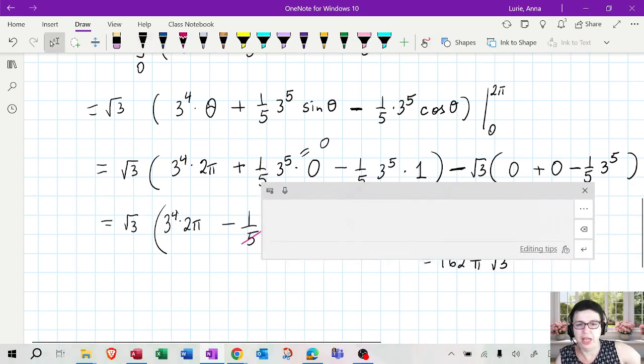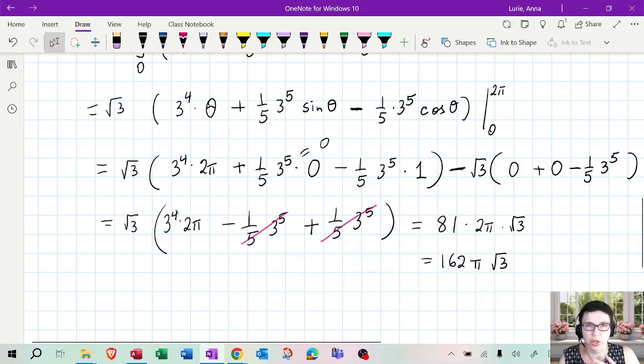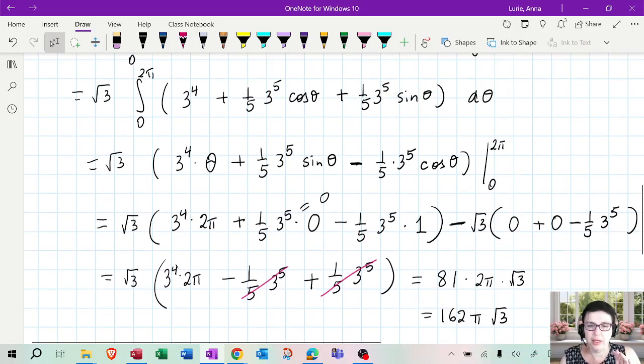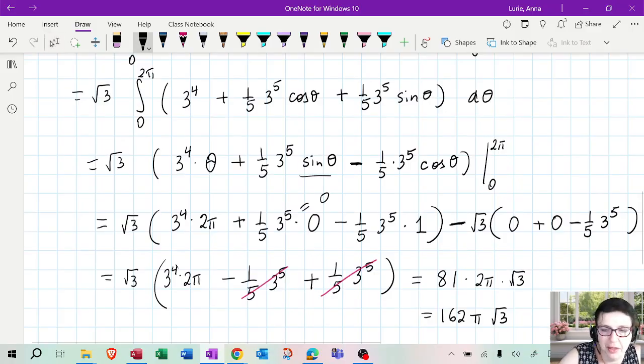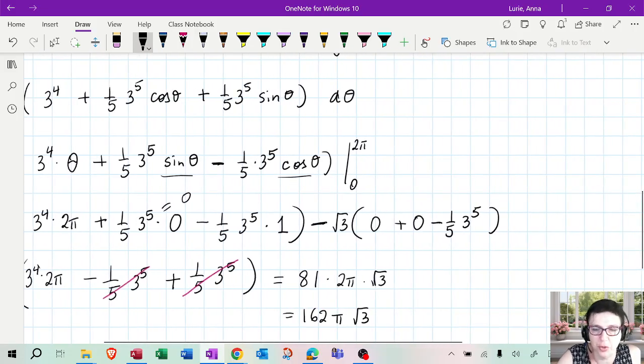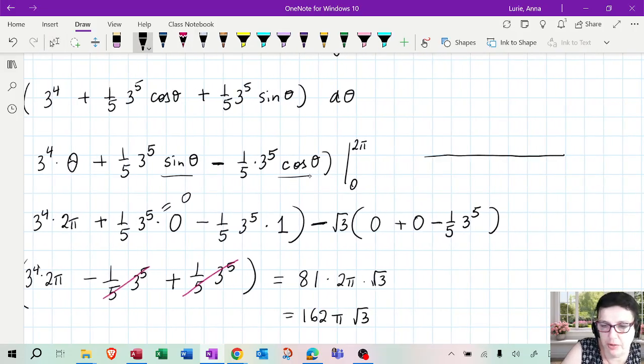Now here is a trick that you could have actually used, and you wouldn't have to integrate at all, for the sine theta and cosine theta, and that just comes from the properties of sine and cosine. So imagine that you are integrating sine over 0 to 2 pi. So like this is pi over 2, this is pi, this is 3 pi over 2, this is 2 pi. So sine is going to be like this.